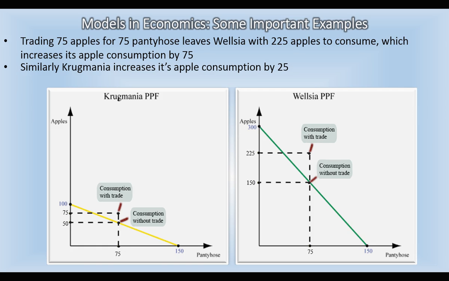So similarly, Krugmania increases apple consumption by 25. Oh yes, of course. Okay, so Krugmania is producing pantyhose, right? So they produce 150, they give up 75 pantyhose, they get 75 apples, which is 25 more than the 50 they had before.